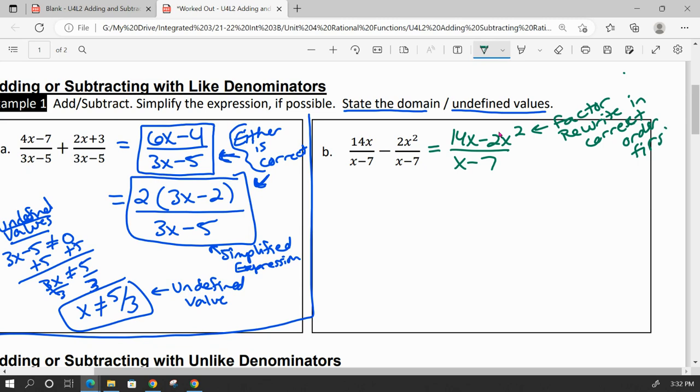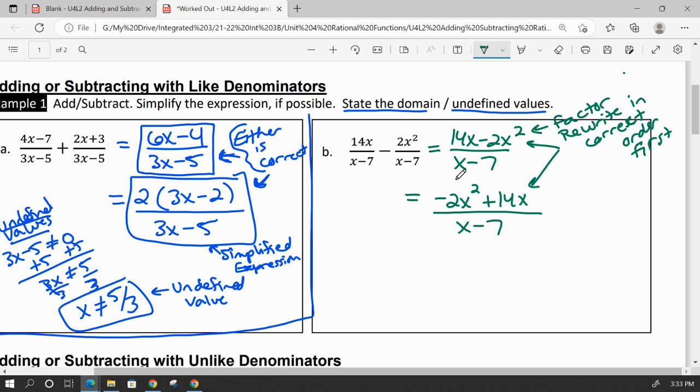First, if I look at these two terms, 14x and 2x squared, the negative 2x squared should be first because it has the higher exponent. Then put the 14x second. Since there's no sign in front of it, it's going to be a positive 14x.